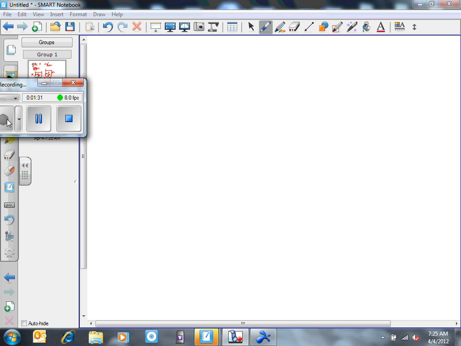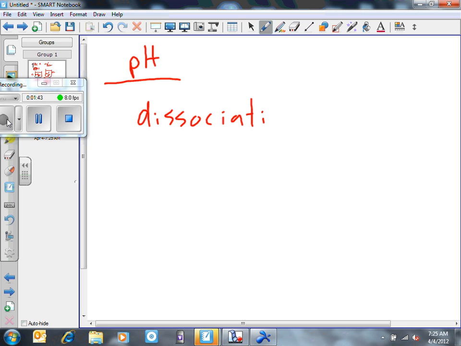So to continue our discussion about pH and pH calculations here, the first thing we have to talk about is dissociation. Okay, so dissociation is a word commonly used here in acids and bases. And what that means is the particle splits apart.